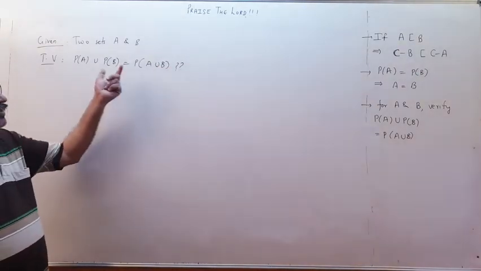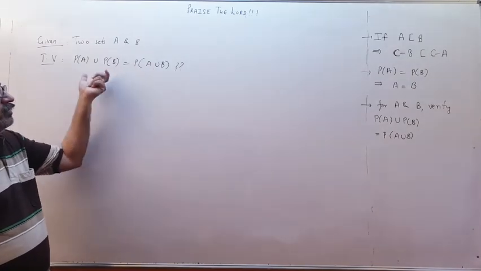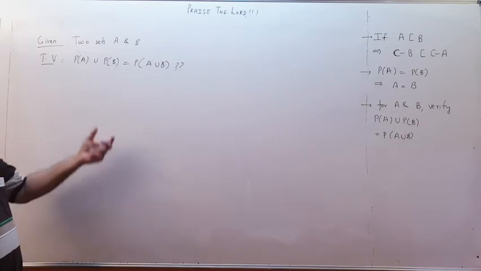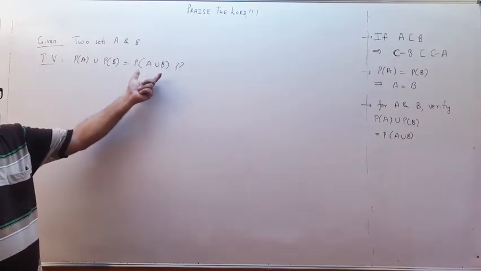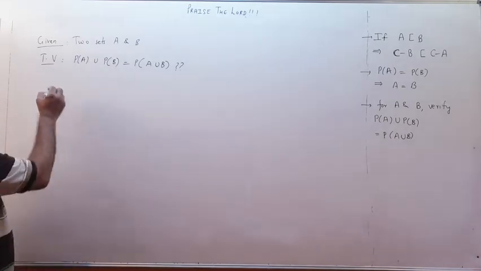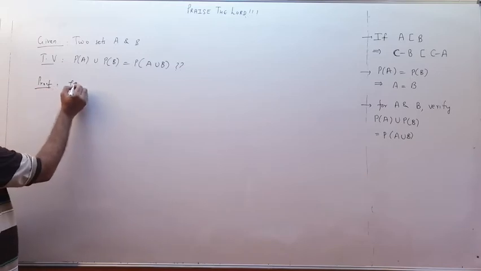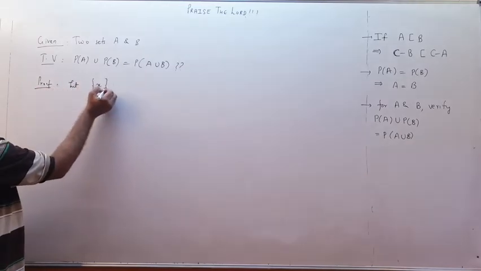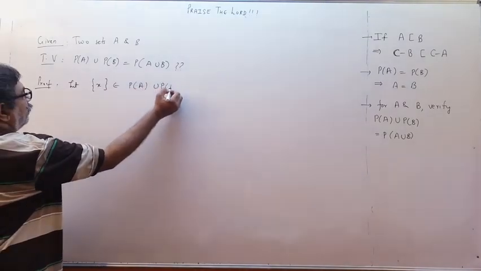So if these two sets are equal, I should prove this subset of this and this subset of this. So I take some element over here and try to prove it is present over here. Then I take some element over here, try to prove it is present over here. So proof, let set X belong to PA union PB.